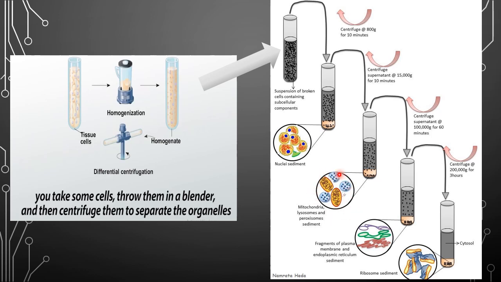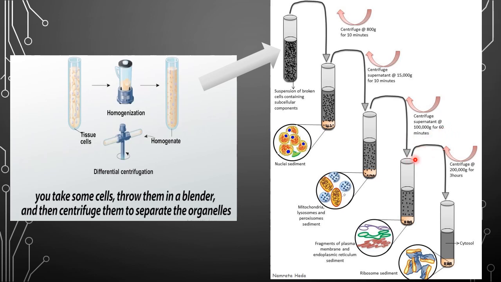These organelles we can have in this way and then work on them. Then we can again take our supernatant, put it in another tube, and centrifuge at 100,000 g for 60 minutes, which means for 1 hour.